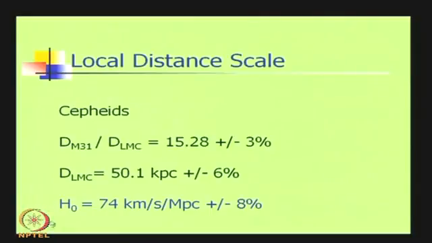So finally you are led to a value of the Hubble parameter from this, which is 74 kilometers per second per megaparsec plus minus 8%. Well, around 70, and there are other methods which I shall not be discussing, which also yield a value of around 70 kilometers per second per megaparsec. So, H has a value of around 0.7.